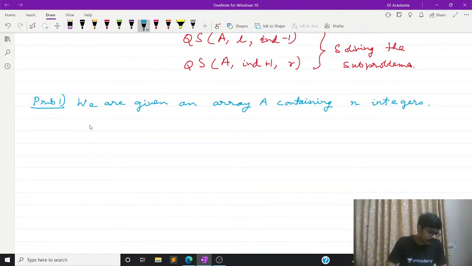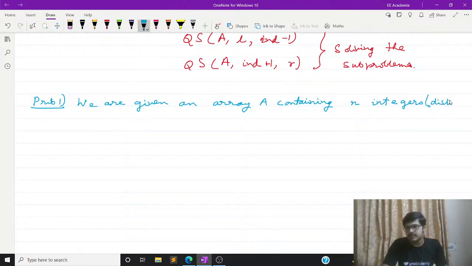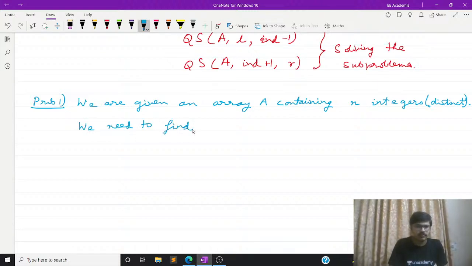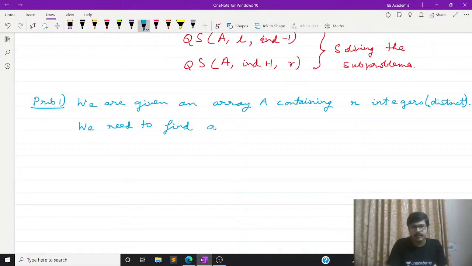If you have any doubt till this point, you can tell me. Maybe I can write here: some distinct integers, and we need to find a local maximum.